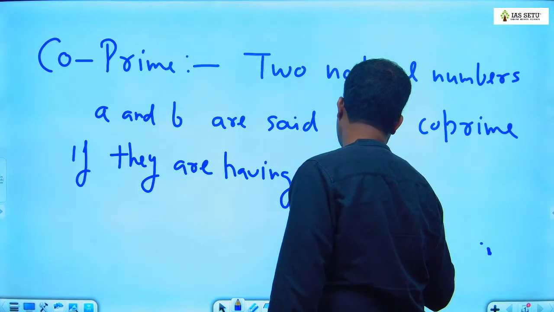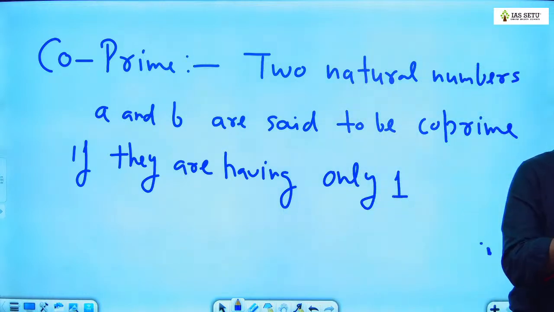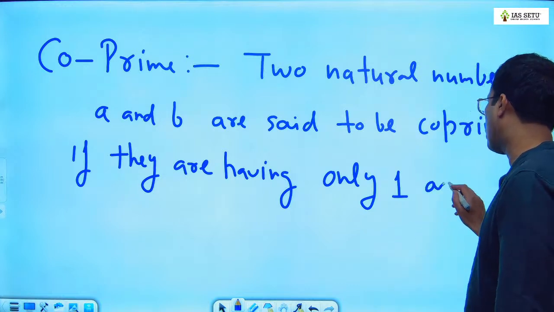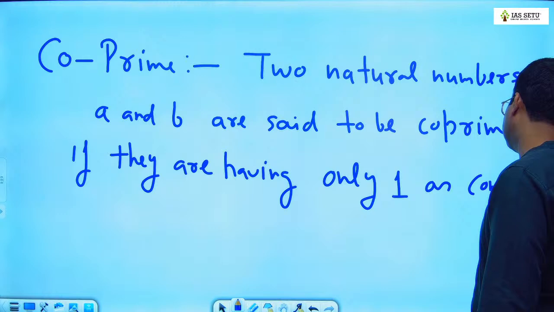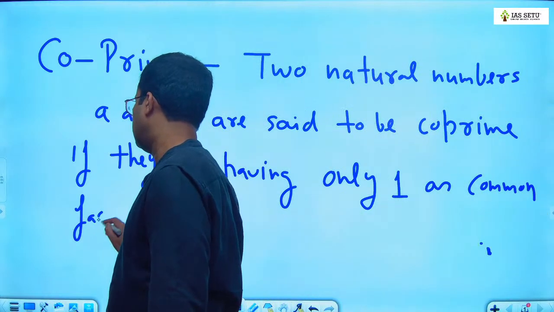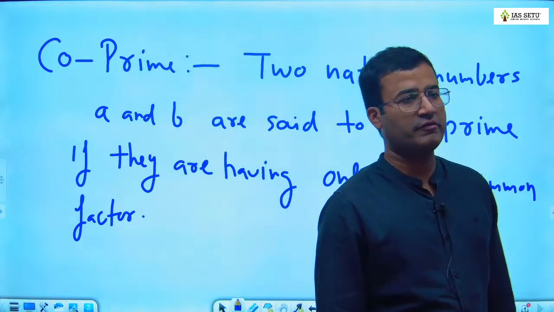Some students say one is a common factor for all natural numbers. What is important? Only one as a common factor.